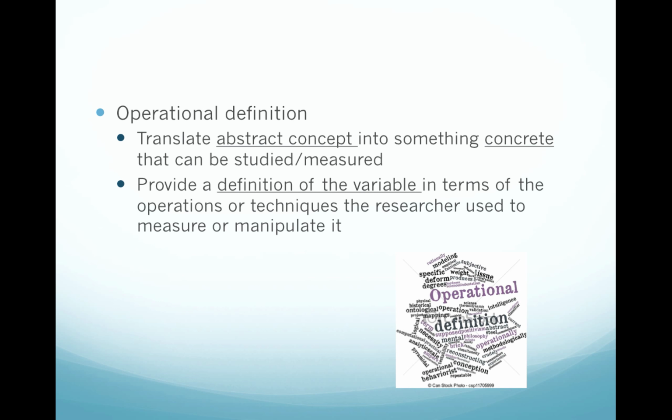And to give you some examples of abstract concepts that need to be defined, take for instance intelligence. Intelligence can mean many different things to different people. Some people think of intelligence as book smarts, but other people think about it in terms of survival skills or your street smarts.